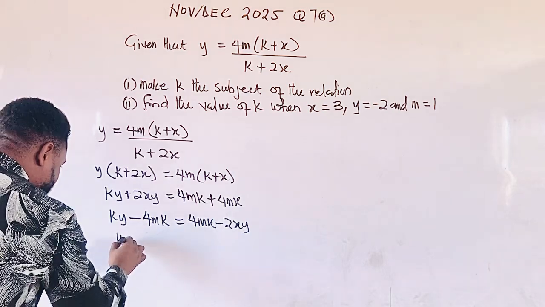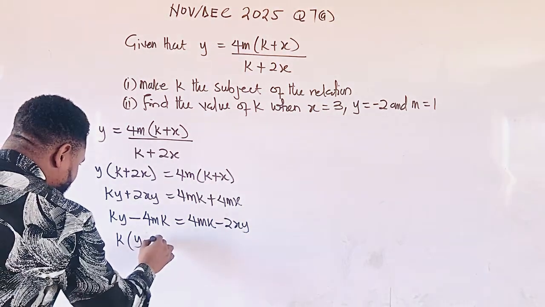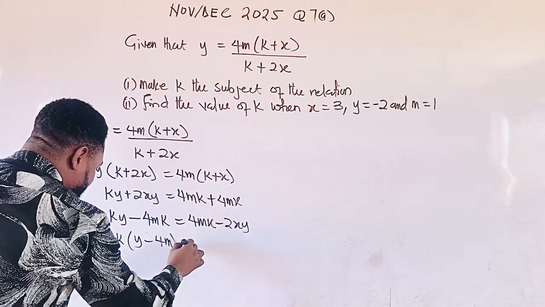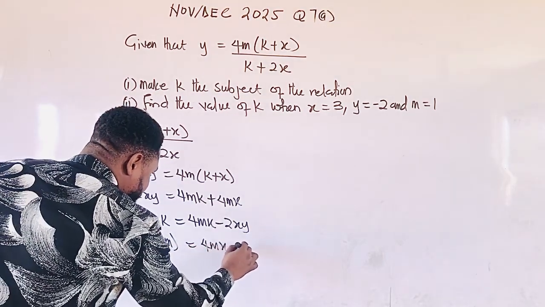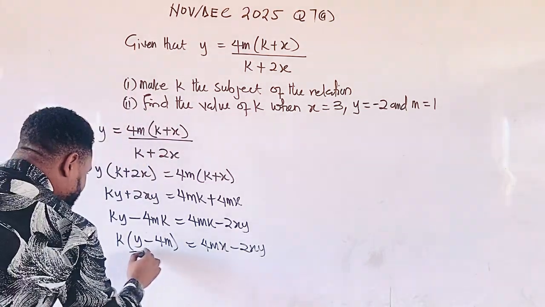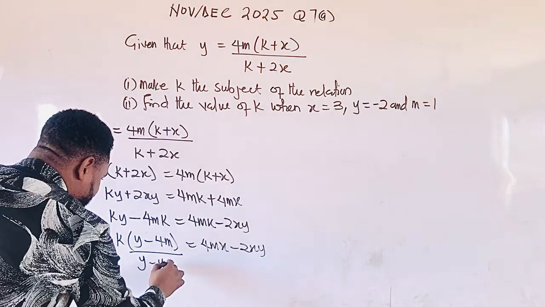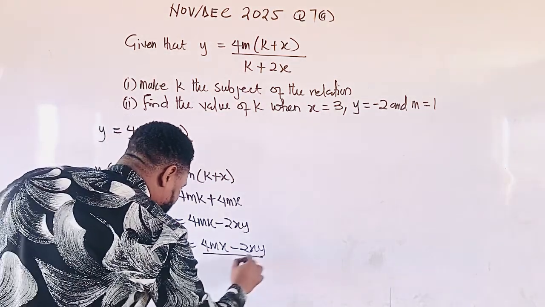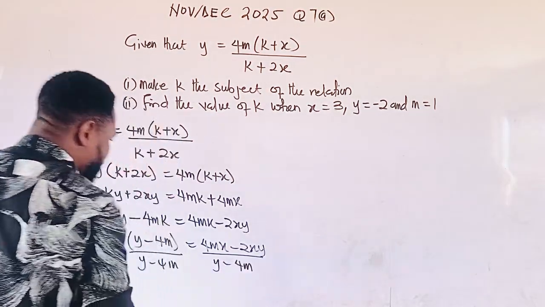At this level, we have k here. We factorize our k, and we are going to have y minus 4m, all equal to 4mx minus 2xy. At this stage, we divide through by y minus 4m so that we can get our k to stand alone.